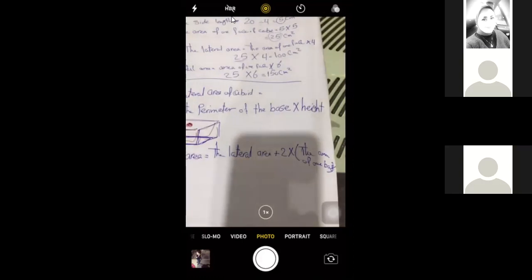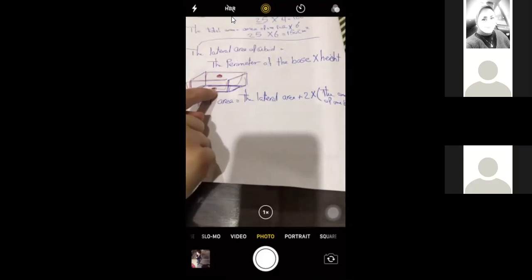No, Miss, I can't understand this part. Okay. We have 2 rules to use. When he asks you to get the lateral area, you get the perimeter of the base, down or up, because we have 2 bases in the cuboid. Okay, just wait a minute. Here we have the cuboid.